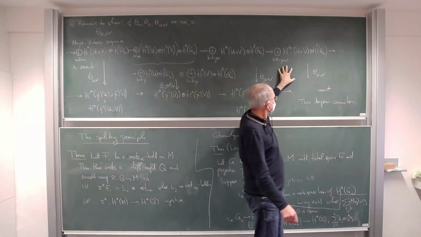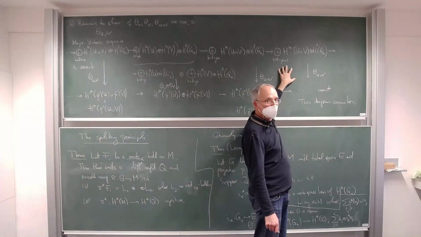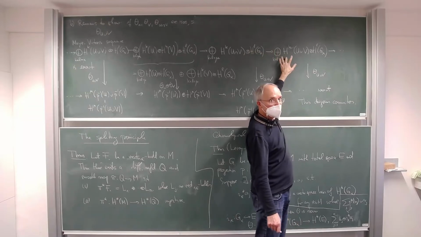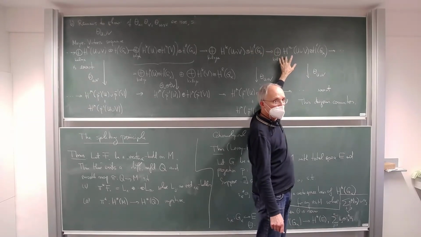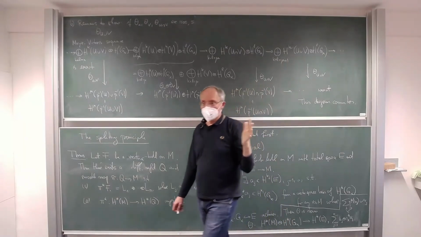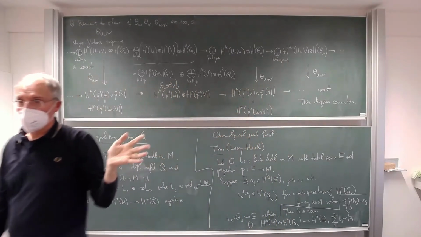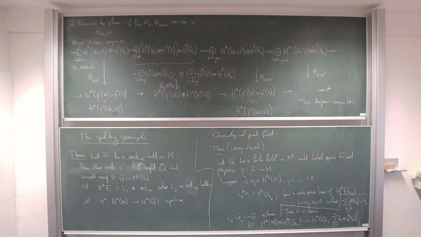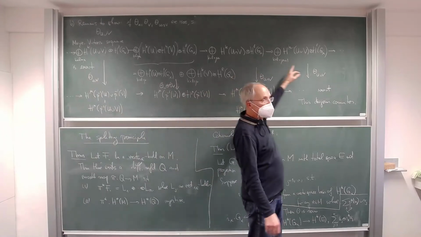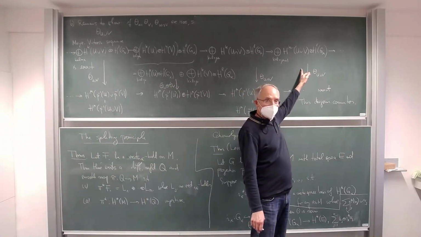And here you have to remember the definition of the connecting homomorphism, where the degree increases by 1. I reminded you of the connecting map in the beginning of this discussion. Essentially, it is an extension and then applying the differential to it.